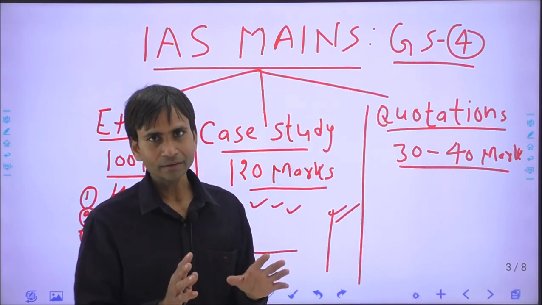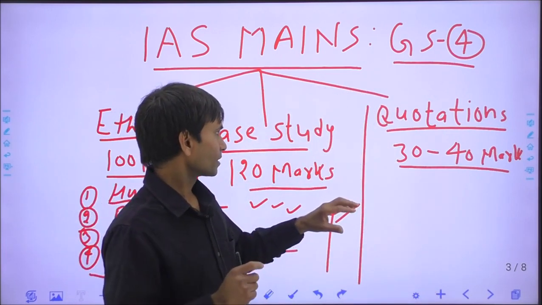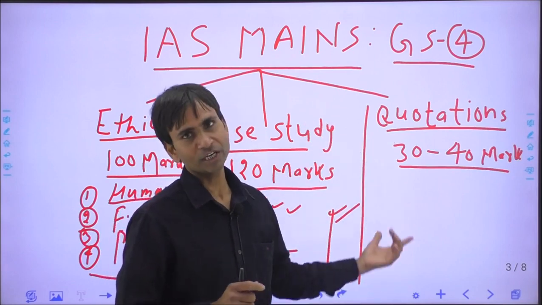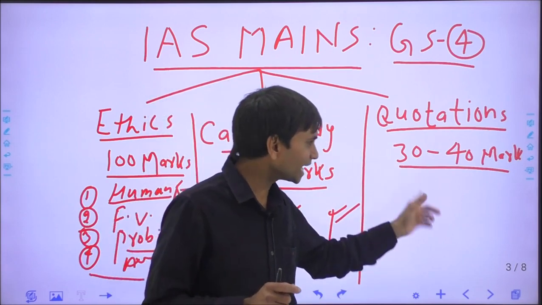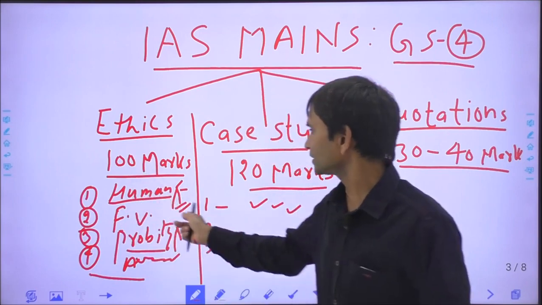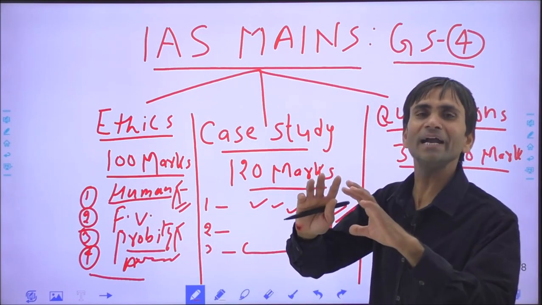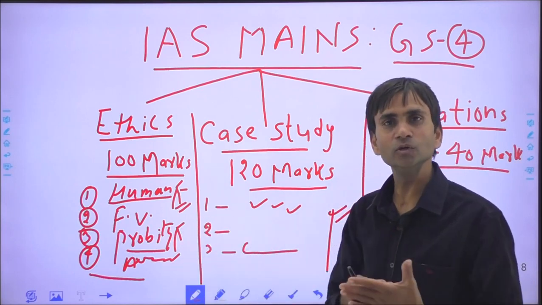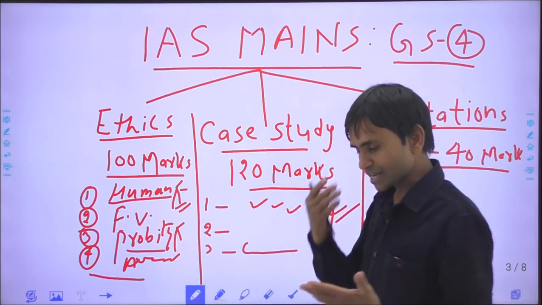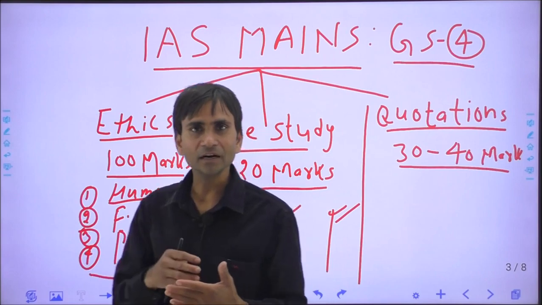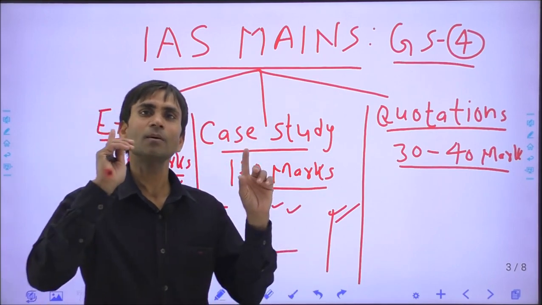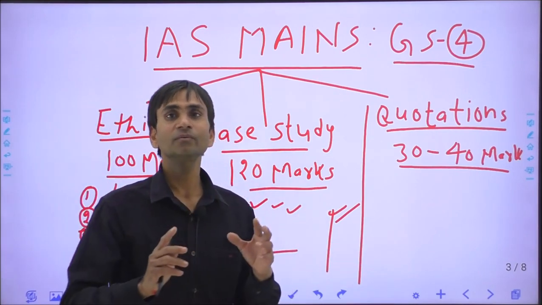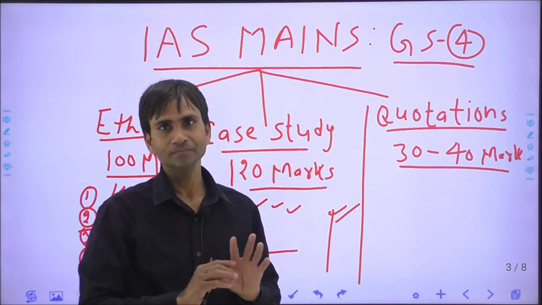When we write an answer on any quotation, we have to link it with ethical matters. The statement covers this kind of ethical value, and in the present administration either we are lacking such thoughts or we are improving them.